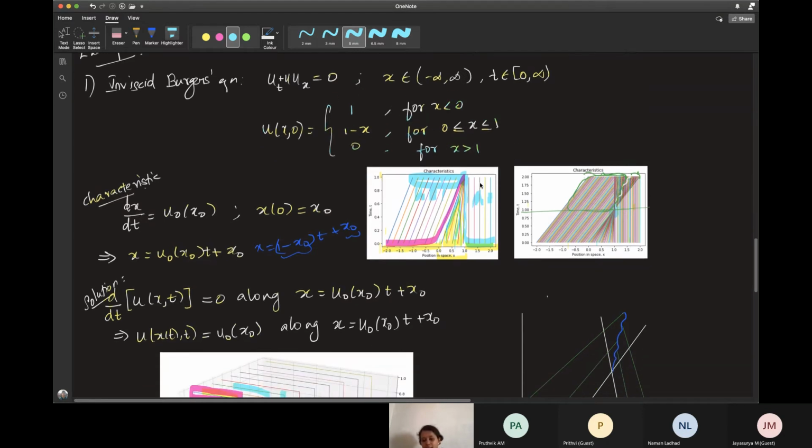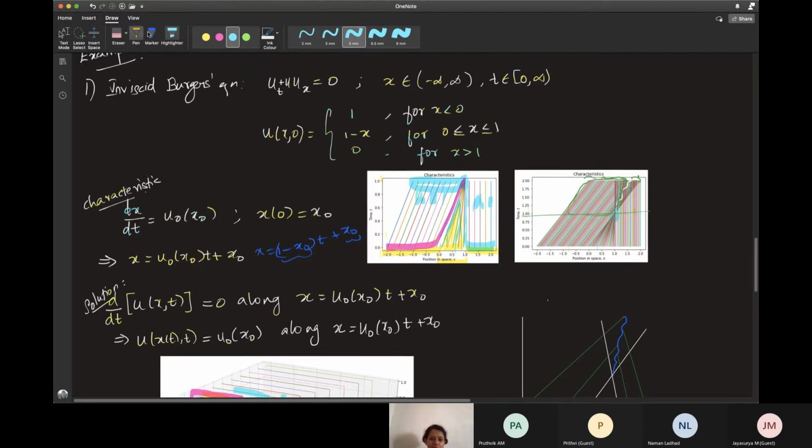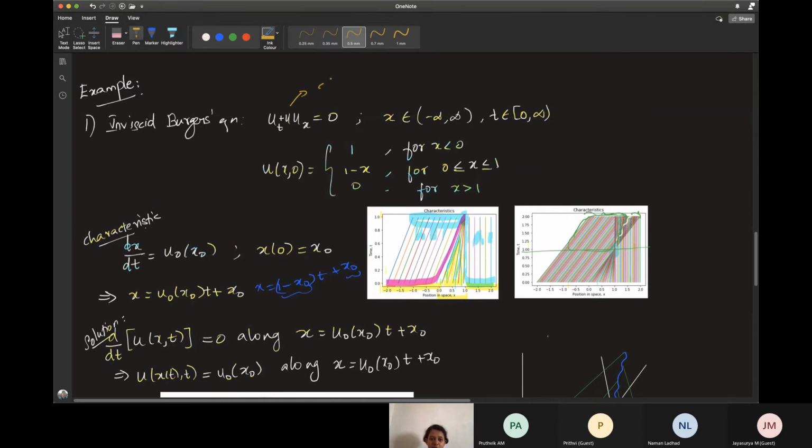So generally we found the characteristic. It is dx by dt equals u naught of x naught. We saw last time how to get the equation for characteristics. If we notice, we have c of u equals u.